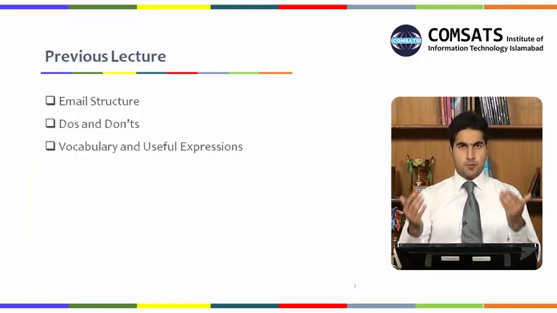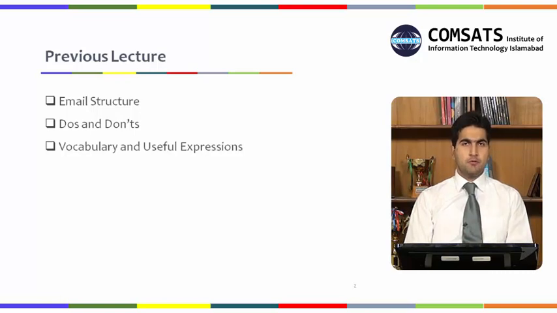We have tried to give you an introduction, an overview, its purpose, advantages, talking about its format, then its detailed structure, how it begins, how it ends, and then we talked about the email etiquettes, the do's and don'ts which are required to be there in mind while writing an email. Once you know them, you can apply them.